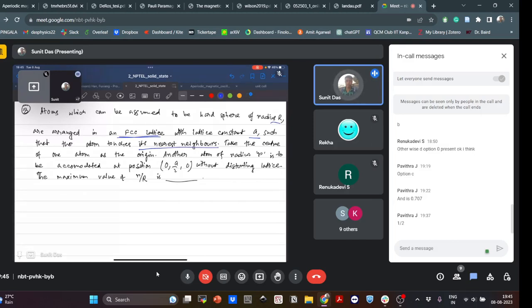Now take the center of one atom as the origin. Another atom of radius r, small r, is to be accommodated at position 0, a by 2, 0 without distorting the lattice. What do you mean by without distorting the lattice? There will be no displacement of the previous atoms of radius R. Then we need to find the maximum value of small r by capital R.